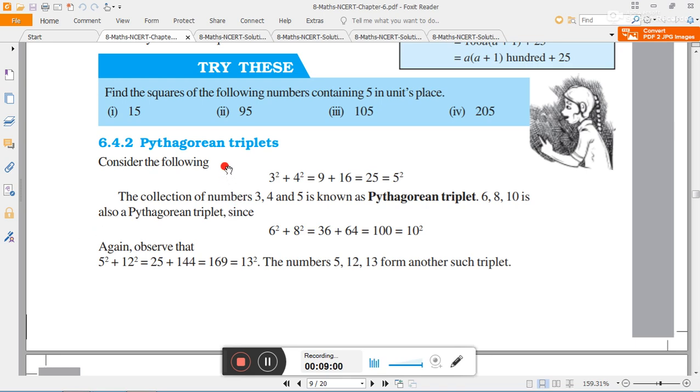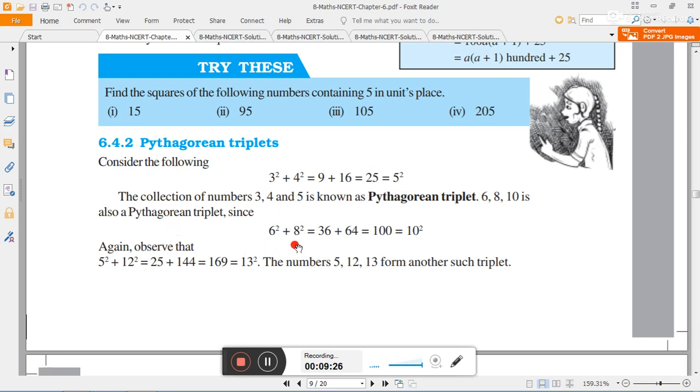When the sum of the squares of the two smaller numbers is equal to the square of the greater number, it is called a Pythagorean triplet. Here 3 square and 4 square sum to 25, which is the square of 5. So 3, 4 and 5 are called a Pythagorean triplet.